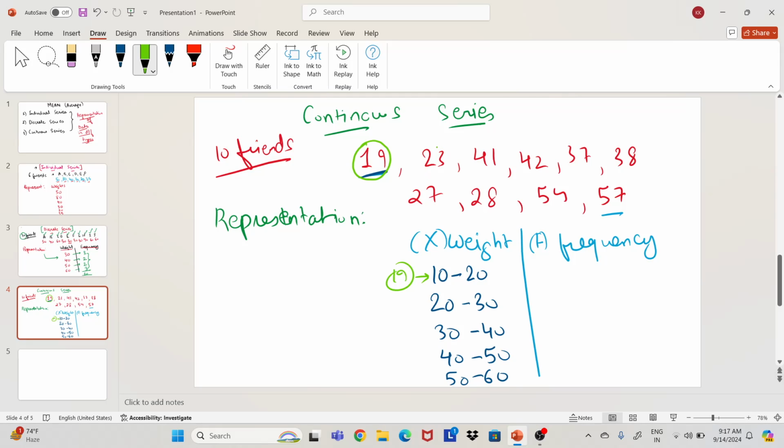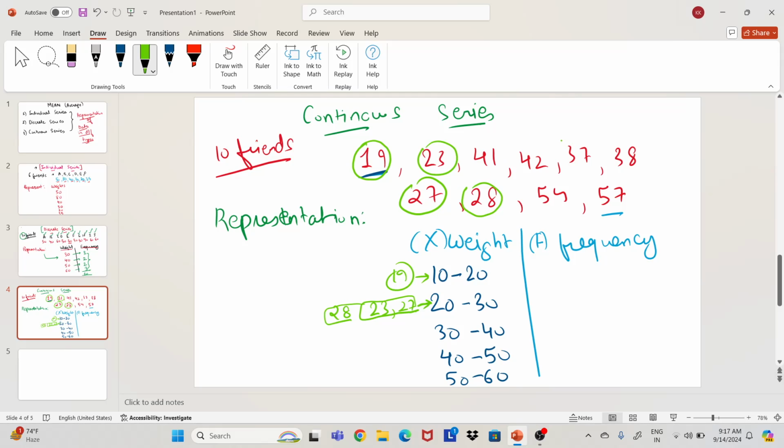Now I have one friend that is 23 and one friend that is 27. That comes in this range, 20 to 30. Wait, yes, I missed this. There is one more, 28. He also comes in this bracket.